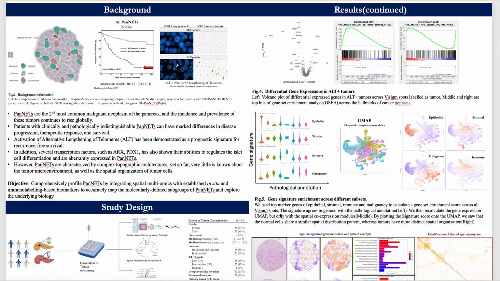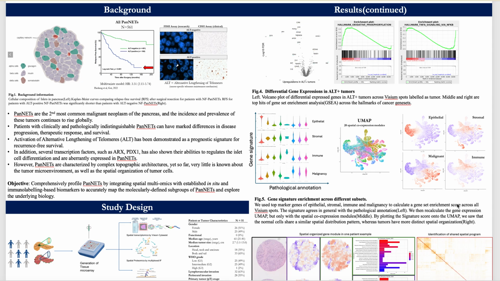We next used the top markers of a reference single-cell RNA dataset to generate the epithelial, stromal, immune, and malignancy signatures, and calculated a gene set enrichment score across all Visium spots. And we compared these signature scores with the pathology annotation from figure 3. And then we recalculated the gene expression UMAP, but this time only using the spatial co-expression modules, not the PCA scores.